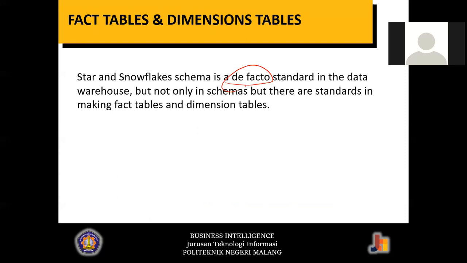But not only in schema, there are also standards to make the fact table and the dimension table. So after we design, or after we choose the dimension table and the fact table, you need to know the criteria or the standard needs to create a fact table and the dimension.